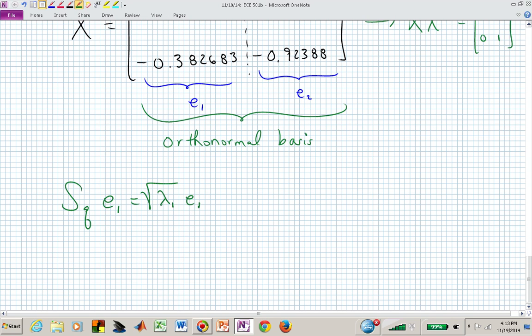So we haven't said what S sub q is. We're going to build it up based on this relationship and the other relationship, which says we want S sub q applied to E2 to be the square root of lambda sub 2 times E sub 2. What am I really saying about S sub q? What are some words that I can use to describe this linear operator?